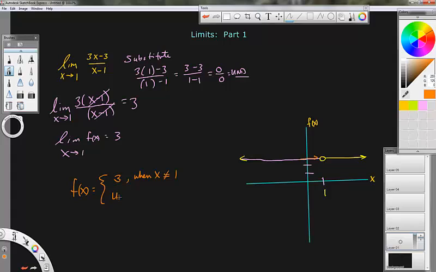It is undefined when x equals 1. So that satisfies all the numbers there. When it's anything but 1, the function output, or the f of x, equals 3. And when it is 1, it is undefined.